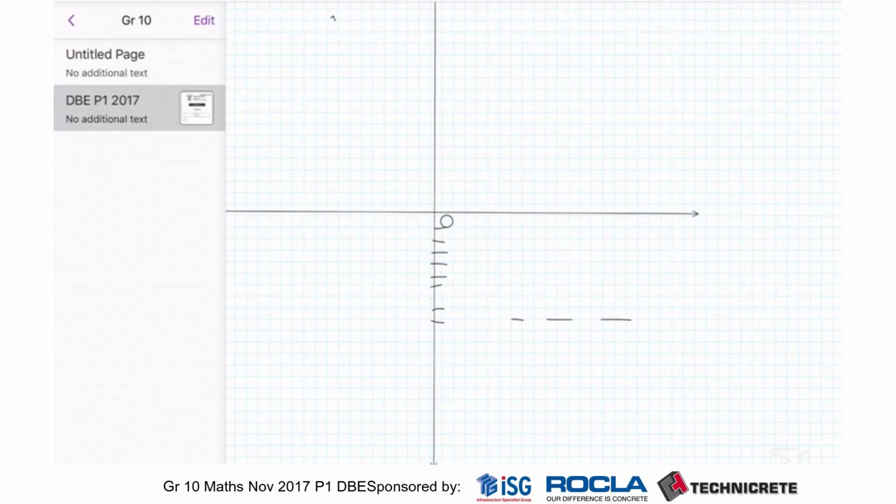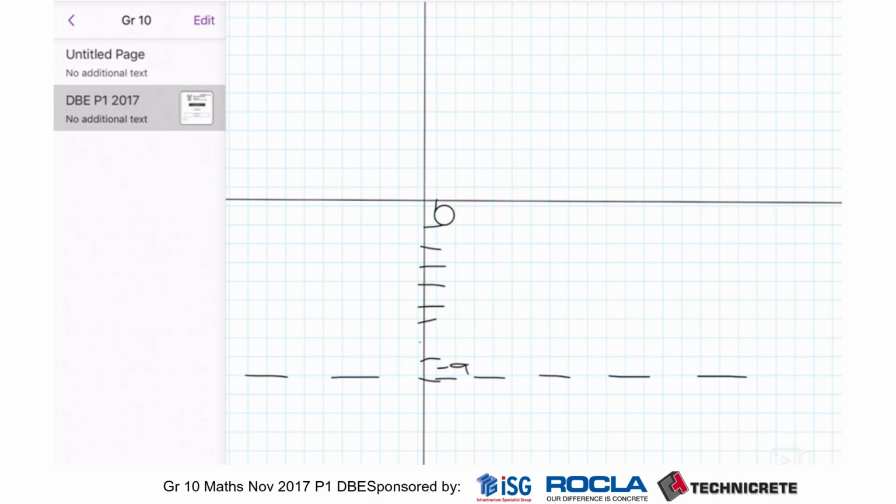Then we said we have a point of 2 and 0, which is what they gave us. So that was 0, 1, 2. Okay, let's go a bit wider, with this being 1 and this being 4 intervals of 2. So that's my x-intercept.